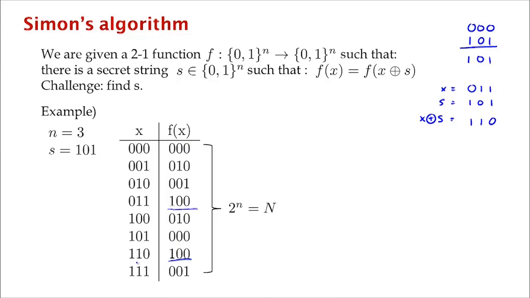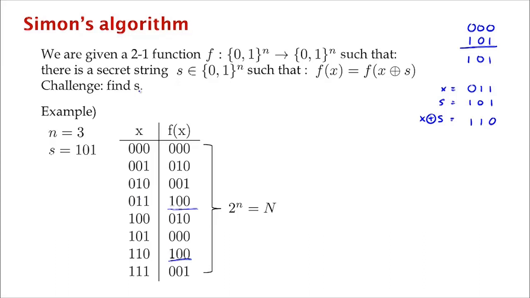There are exactly two values of x which map to the same thing, in this case 100. And these two values satisfy this relation: this is equal to this plus 101, or this is equal to this plus 101, in this bitwise sum manner. So now our challenge is to find s.